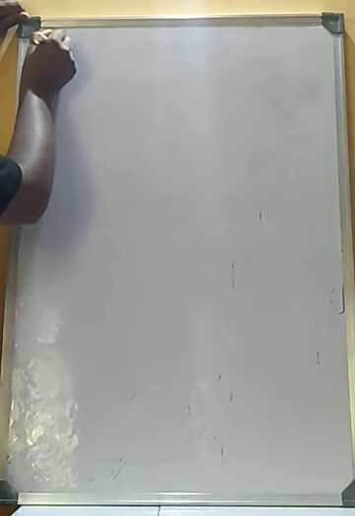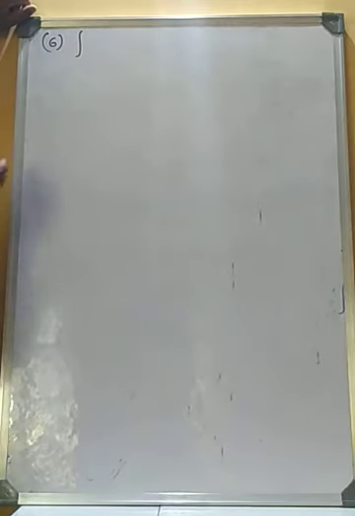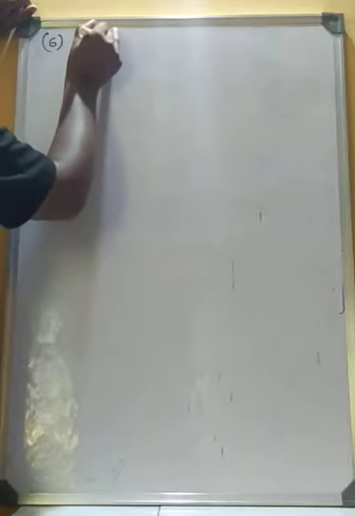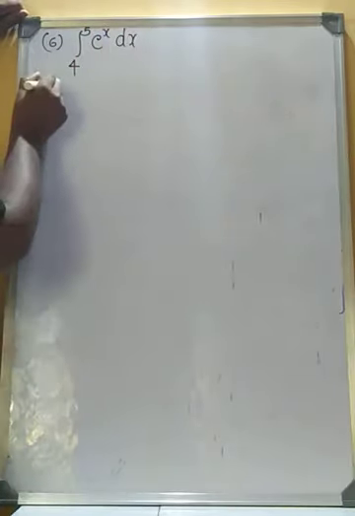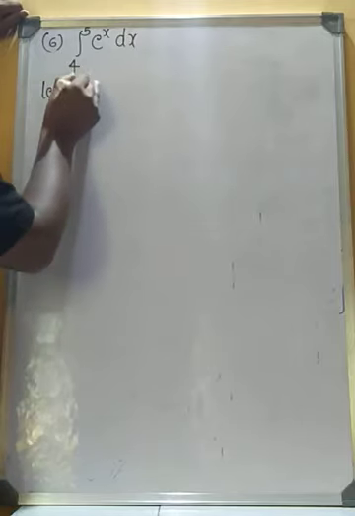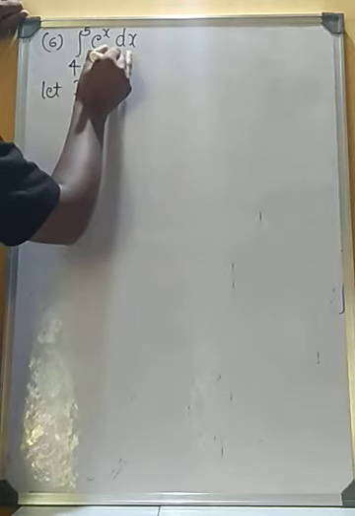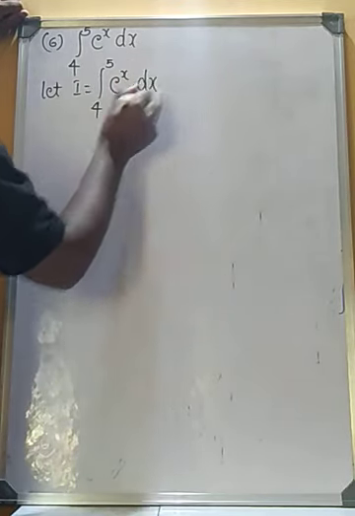The next one more example, example 6, evaluate integral 4 to 5 e power x into dx. Let I equals integral 4 to 5 e power x into dx.